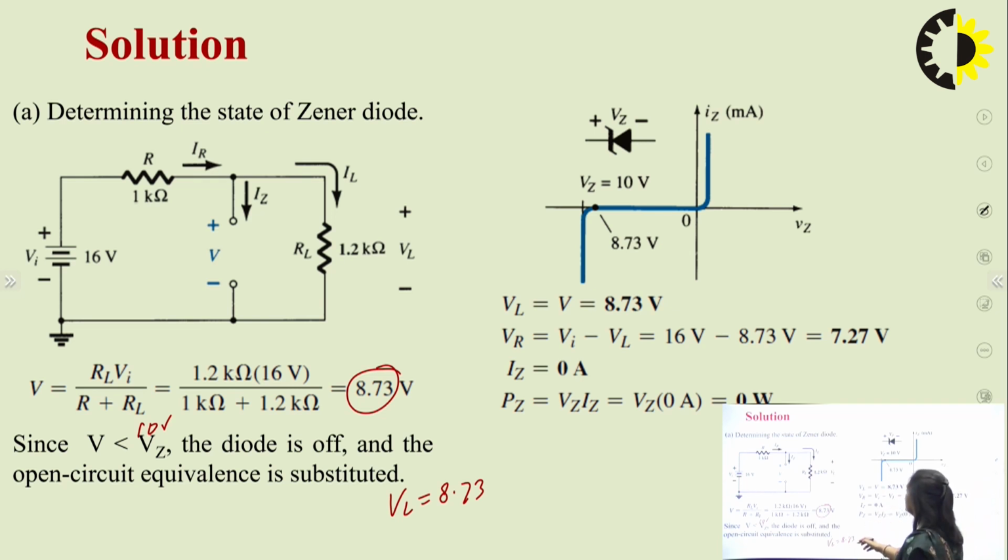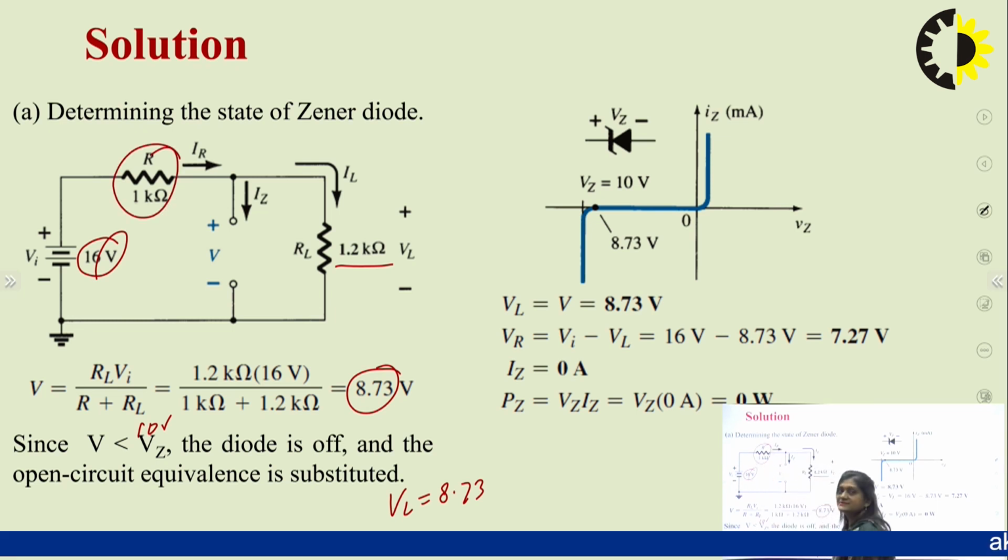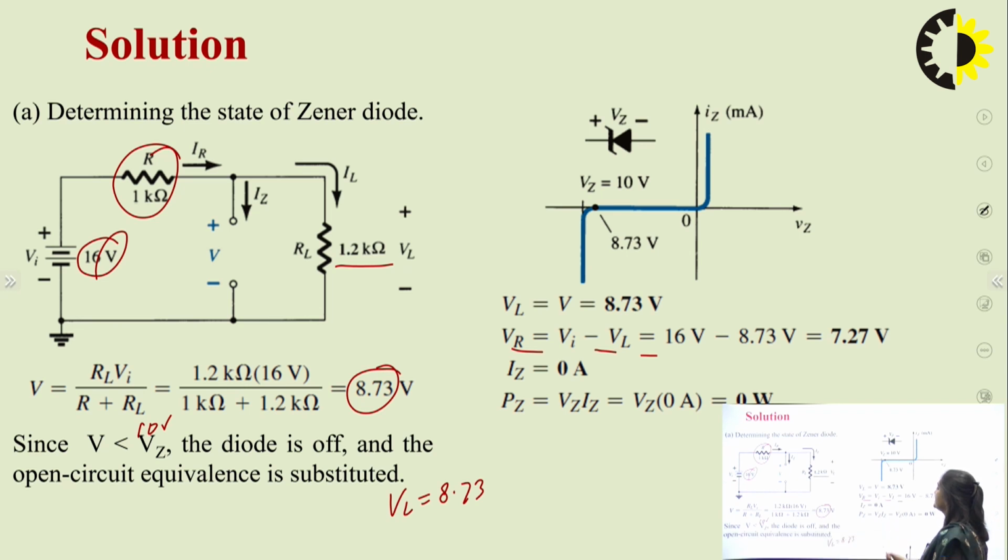VR value we can calculate by 16 minus VL. Now the diode is not in working condition, so current through the diode will also be 0. So IZ will be equal to 0, and power dissipation is equal to VZ multiplied by IZ, so it will be equal to 0.